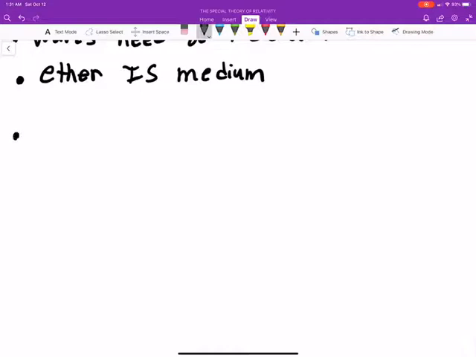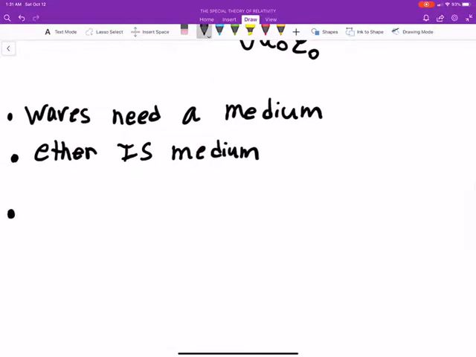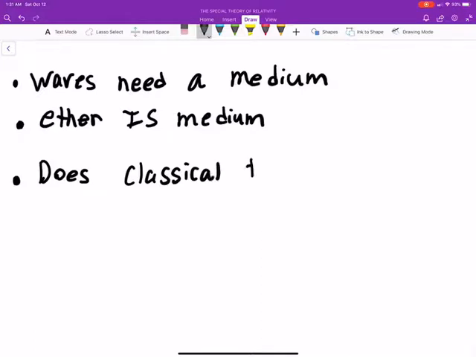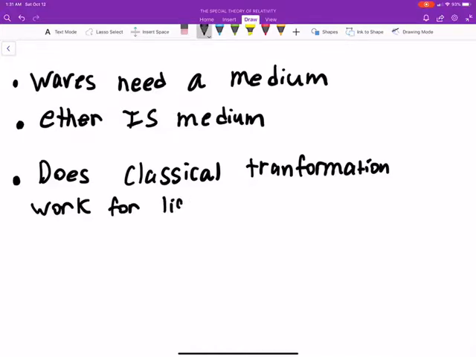Now, another question I want to ask, besides what the medium is: do classical transformations work for light? So we talked about Galilean relativity, Galilean transformations, classical transformation, classical relativity. And that was kind of the make-sense idea.